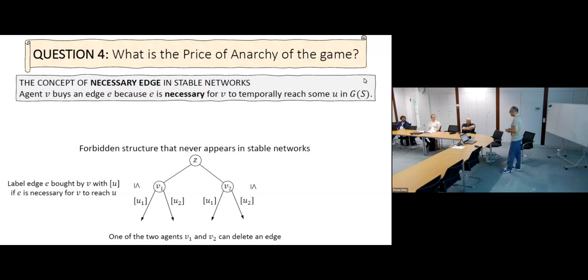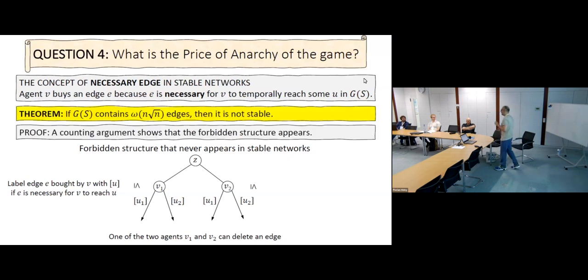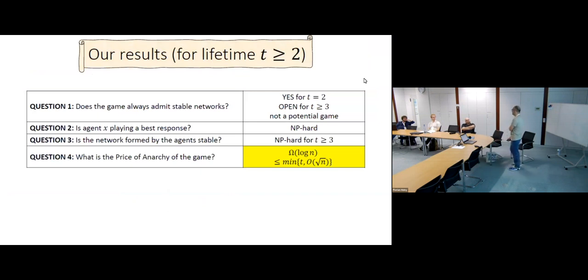And we used a simple but very elegant counting argument to prove that if the network formed by the agents contains omega of n root n edges, then the forbidden structure must appear somewhere in the network. And so the network cannot be stable. So this means that a stable network has a size which is order of n root n. And this provides clearly an upper bound of order of root n to the price of anarchy of the game.